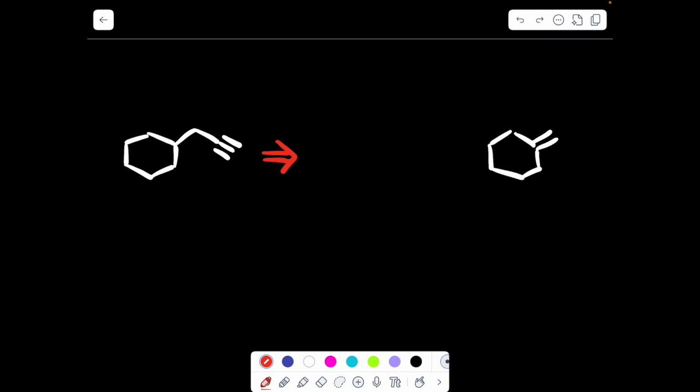Step number 1 is going to be to count the number of carbons in your product and compare it to the number of carbons in your starting material. So I'm going to arbitrarily label these carbons: 1, 2, 3, 4, 5, 6, 7, 8, 9.